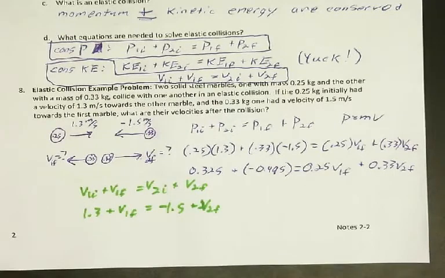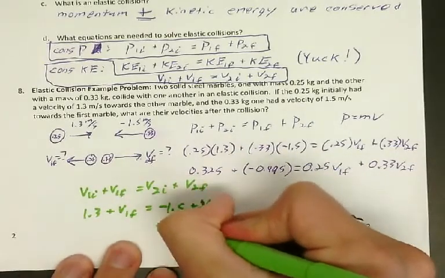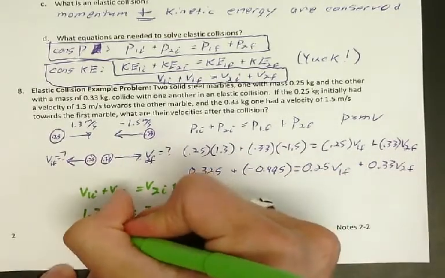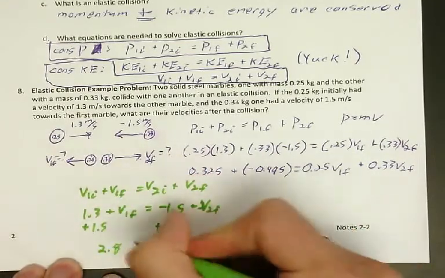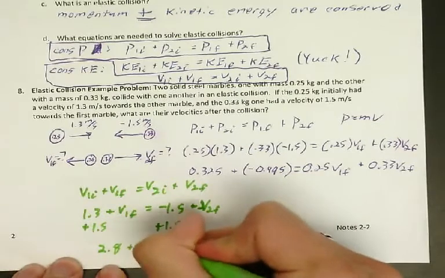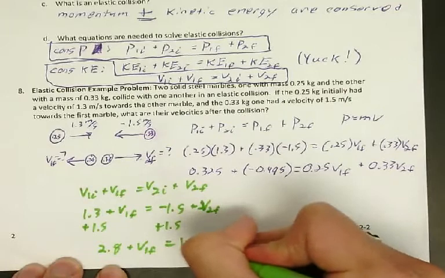The answer is, I don't care. But here's what I do: I figure out which one will not give me negative numbers. If I add 1.5 to the other side, then I won't have any negative numbers. So 2.8 plus V1 final equals V2 final.